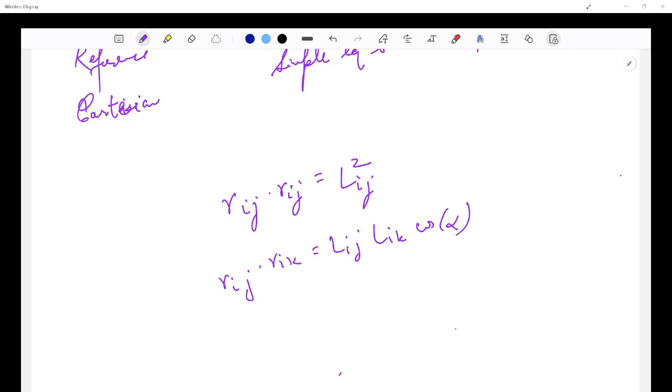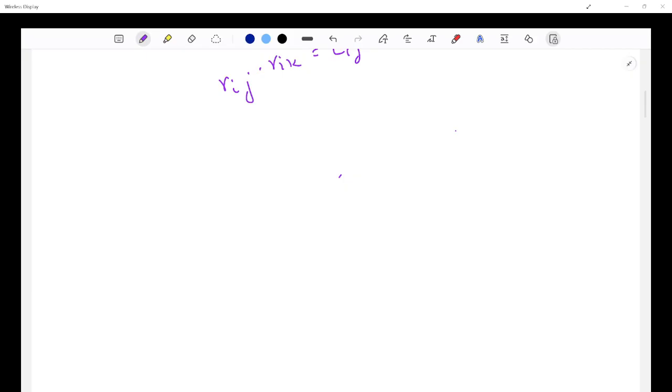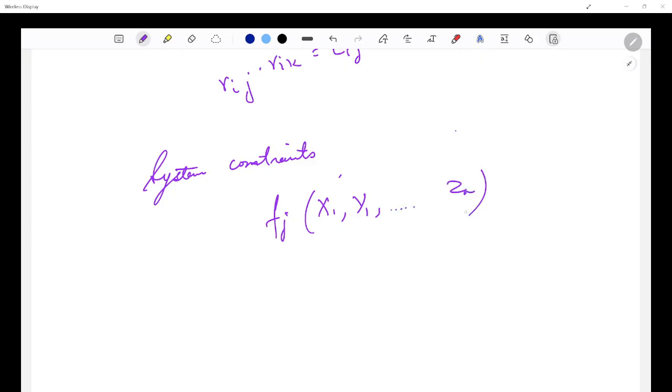Okay. And when we talk about joint constraints, we have spherical joints, which is at the same point, revolute joint, which has an axis constraint, and then cylindrical joint, which slides and rotates. Okay. So, let's say we have system constraints.